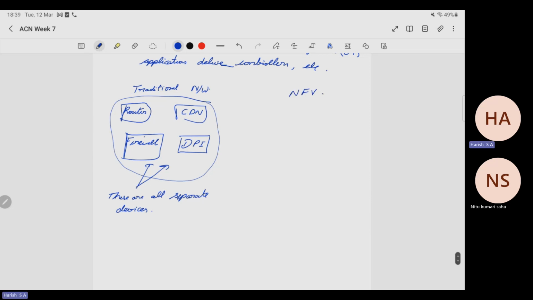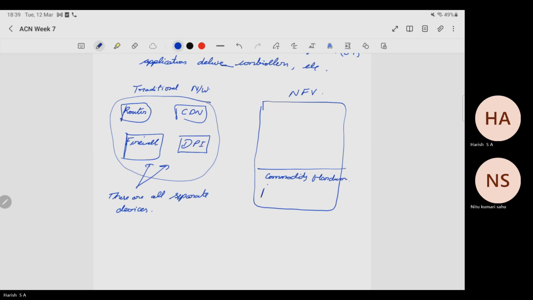Now, what network function virtualization does is you bring your own computer that is called commodity hardware, right? This could be your own PC or some server, right? And what you do, you take the logic that is done by the router, but you write it here.